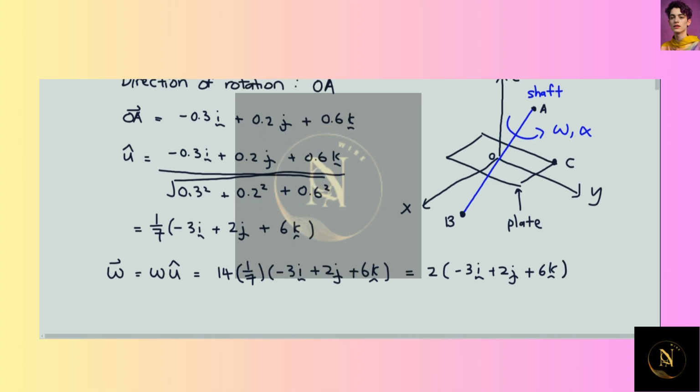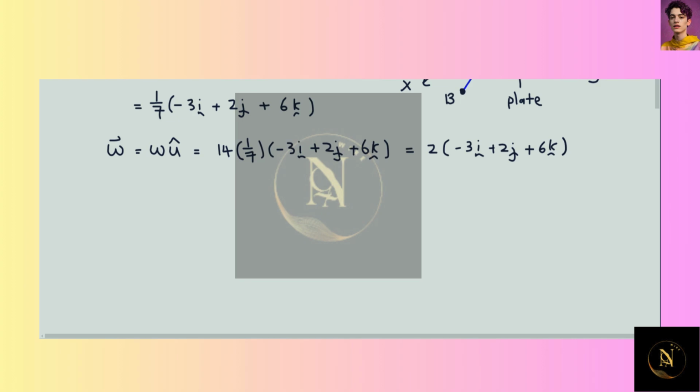And knowing that the angular velocity is constant, the angular acceleration, which is d omega/dt, is going to be 0. This angular acceleration is needed for determining acceleration.